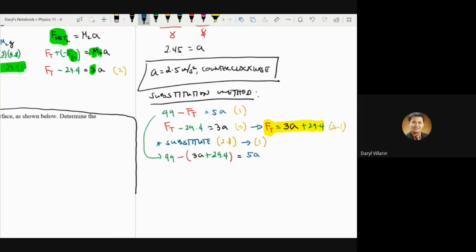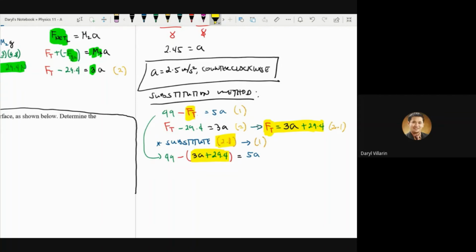Again, what you did here is you just substituted the value of FT with your 2.1, 3A plus 29.4. Again, this is substitution method.